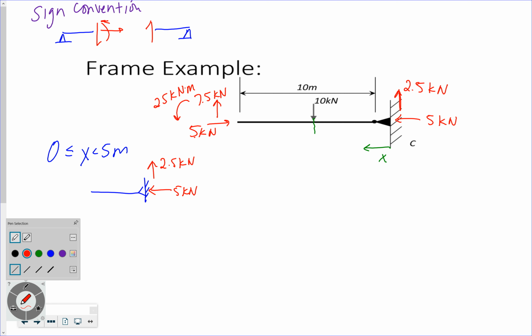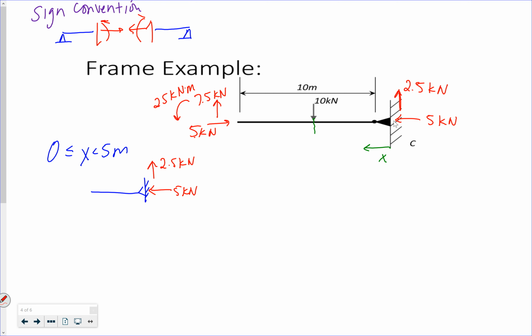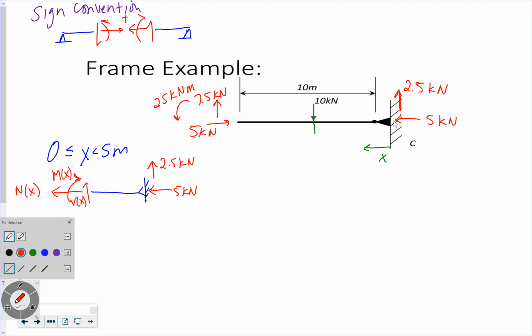So up, clockwise, and go back and refresh that from earlier if you have forgotten that. So I have shear acting up, moment acting counterclockwise, and axial force acting to the left because tension is positive, right?